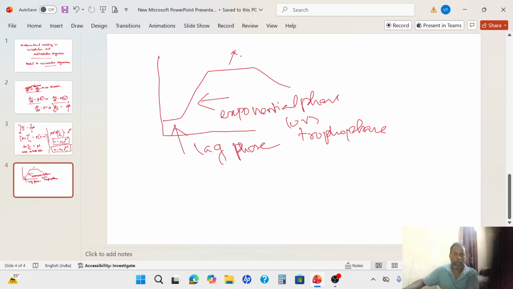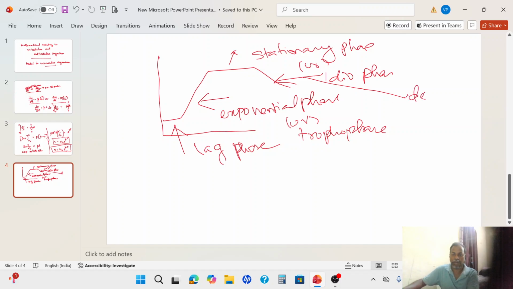This is called the stationary phase, or idiophase, and this phase is called the decline phase. Here, the x-axis is with respect to time, and the y-axis is either x or n.